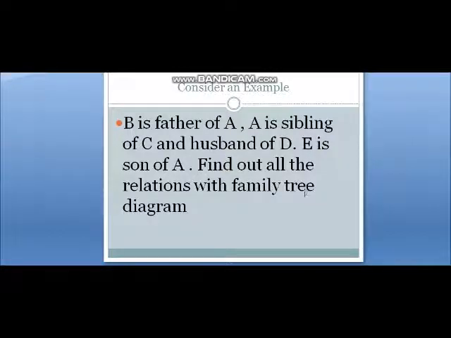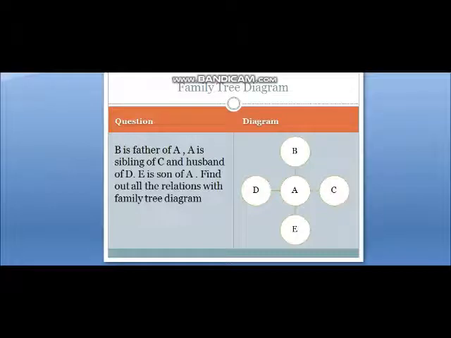Now find out all the relations with the family tree diagram. So we are going to make a family tree diagram and understand what will be the question and how you have to write the answer in that. Okay, so let us start our example and understand that.